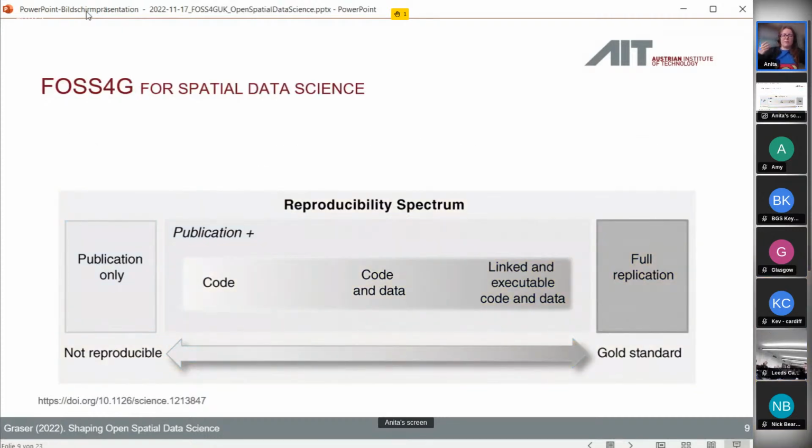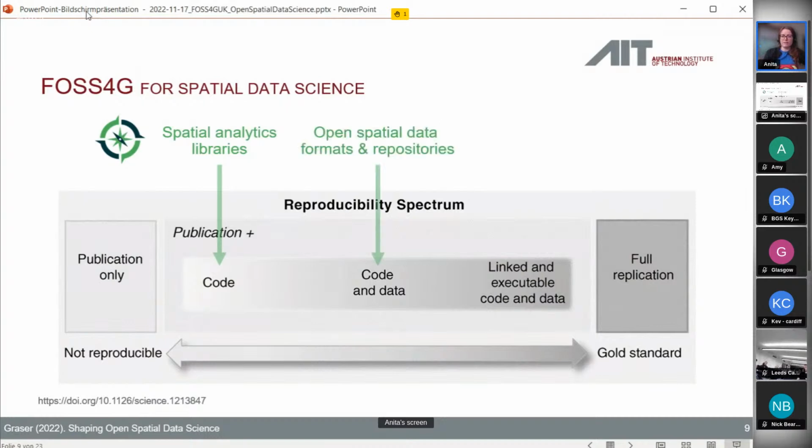Where's the place for FOSS4G now on this whole gradient? I think the code side is very, very obvious. We have spatial analytics libraries in different languages in different states. Many of them part of OSGeo, of course, also many in related communities.